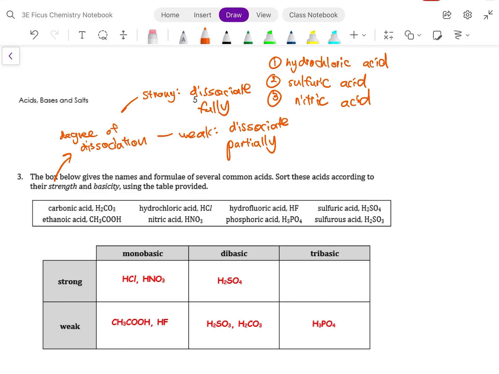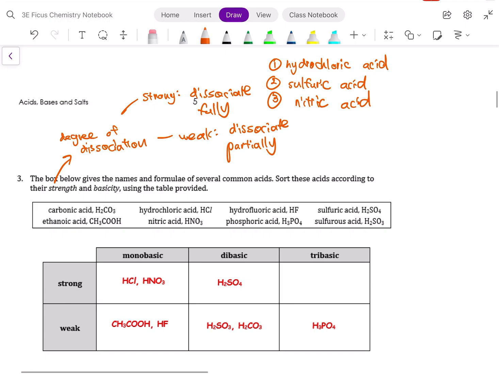Then for basicity, it is the number of H plus ions that can be dissociated per molecule of acid.